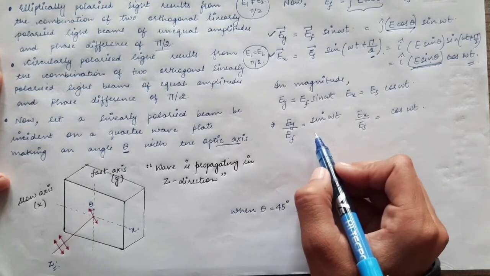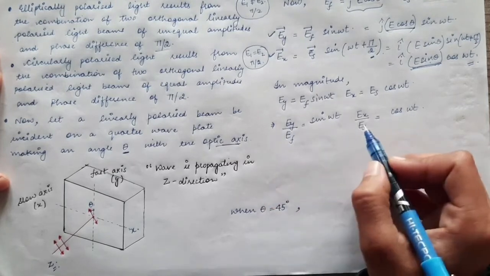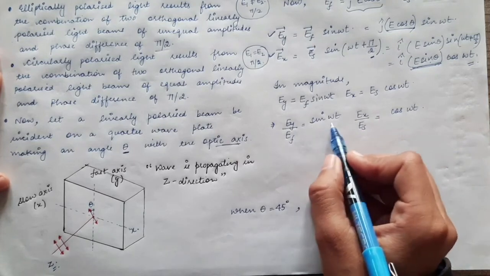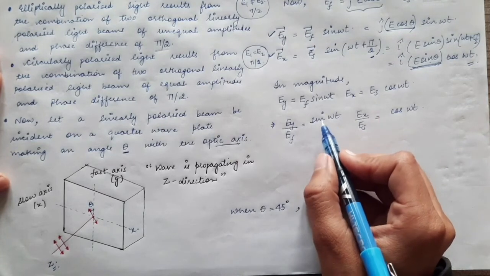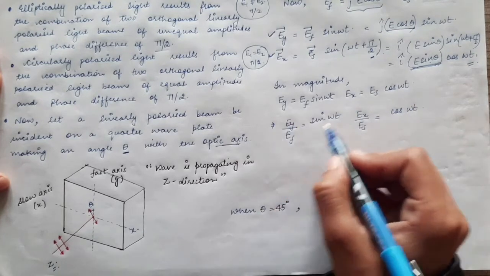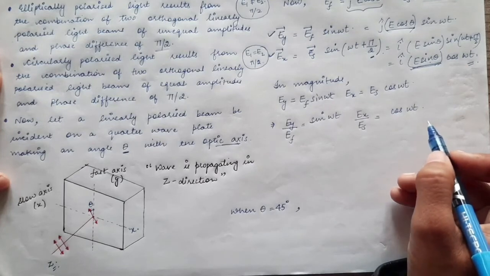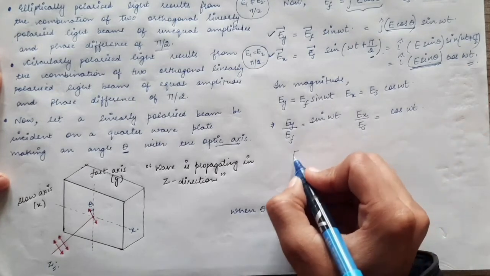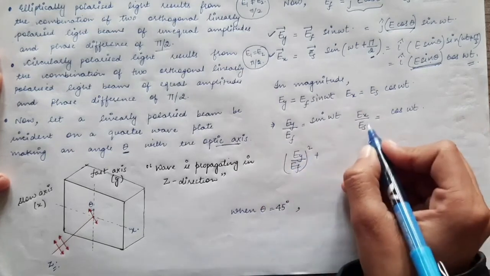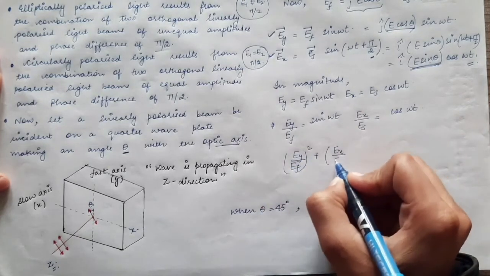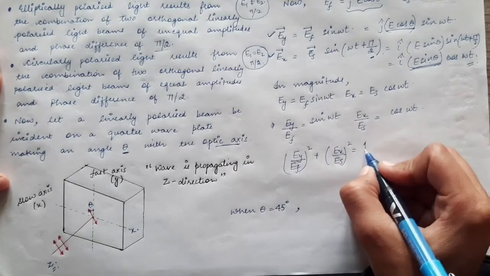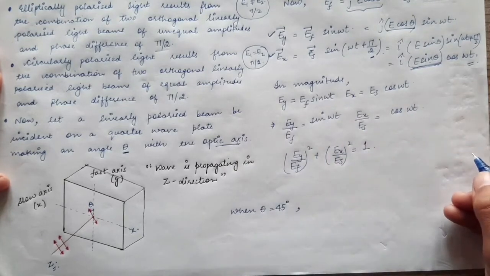Now let's take the square on both hand sides of these two equations and we add them. In one expression we will have sine square omega t, and in the other cos square omega t. So we will get EY by EF whole square plus EX by ES whole square, that will be equal to sine square omega t plus cos square omega t, and that will be equal to 1.